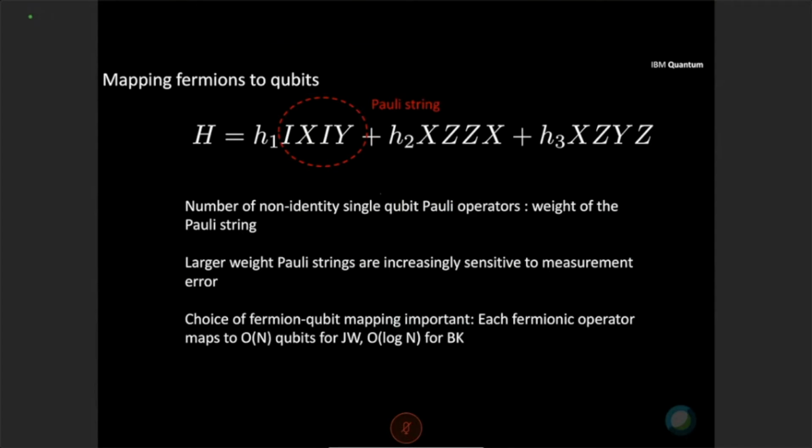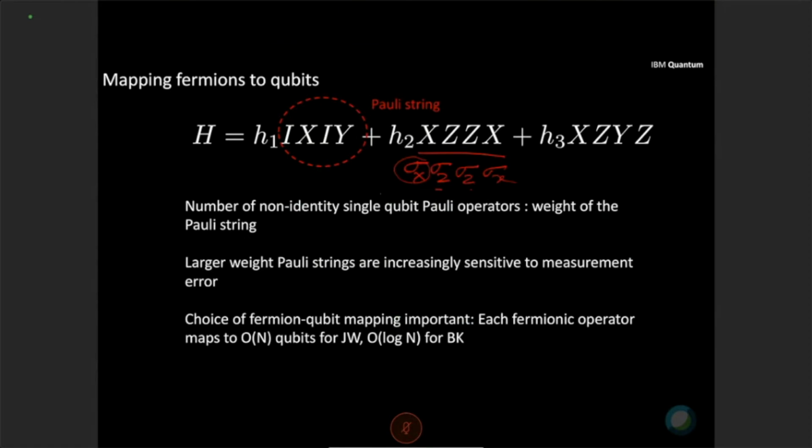What this notation means is a tensor product of Pauli matrices, where this acts on the first qubit, the second qubit, third qubit, fourth qubit. And these I'm going to refer to as Pauli strings.